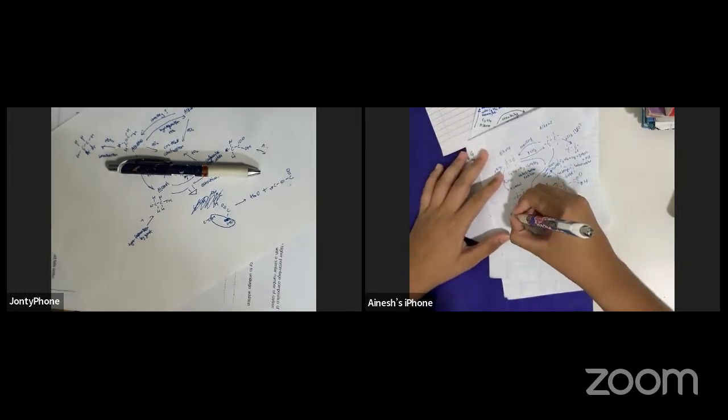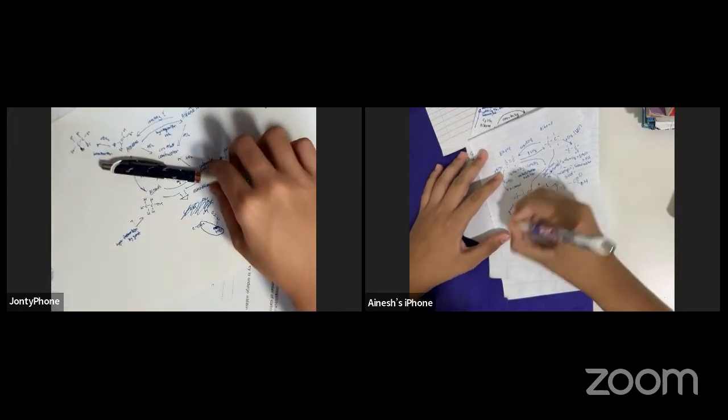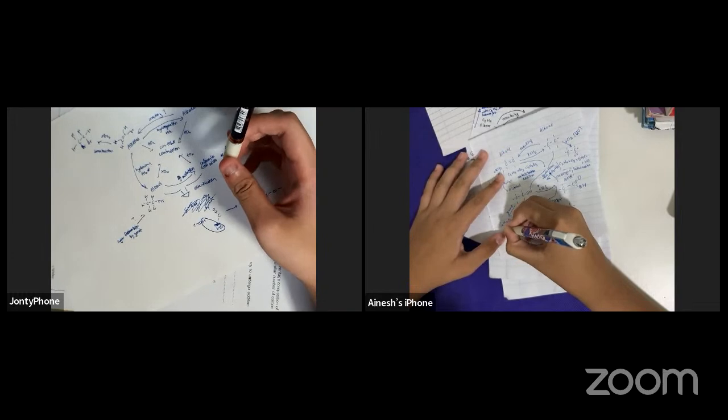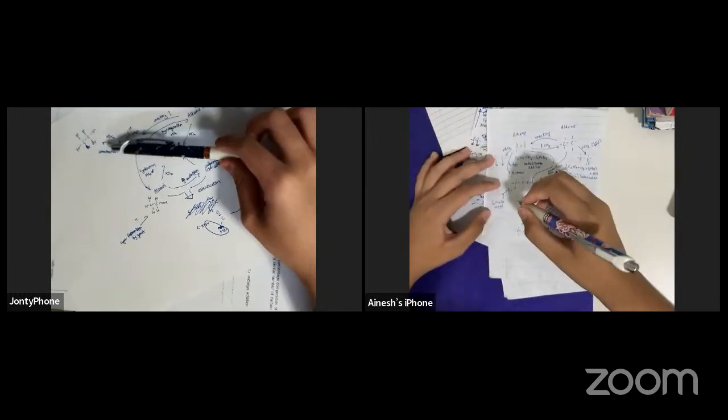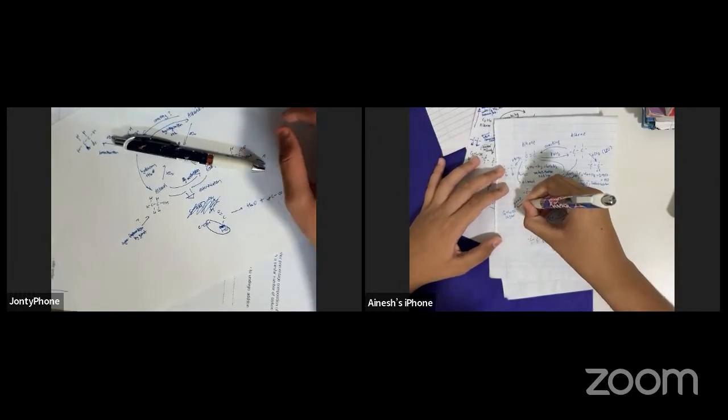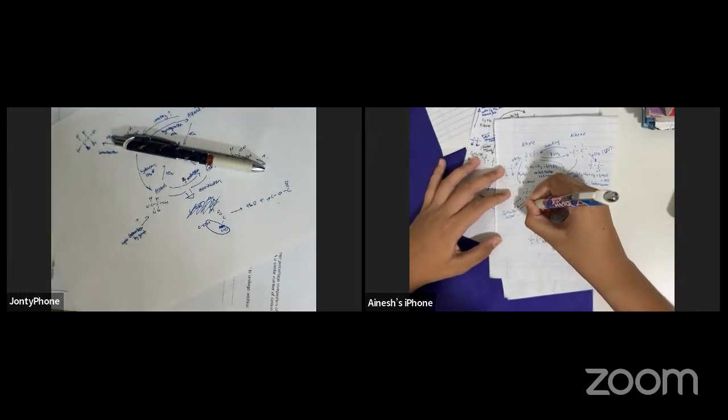Good, Ainesh. Then put it in your map. Come quickly. We have the last one. So there are two incomplete reactions.